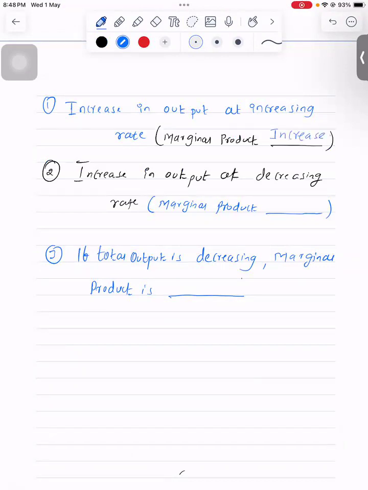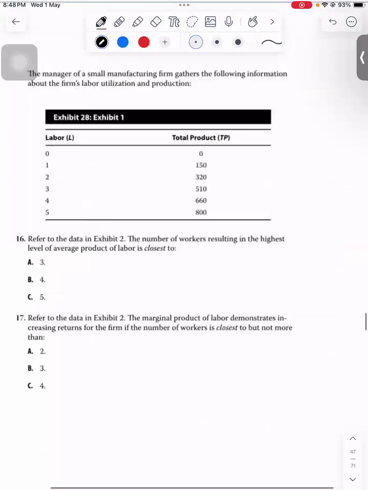If output is increasing at a decreasing rate, then marginal product will be decreasing marginal product. If total output is decreasing, marginal product will be negative. Okay, now try to solve this.